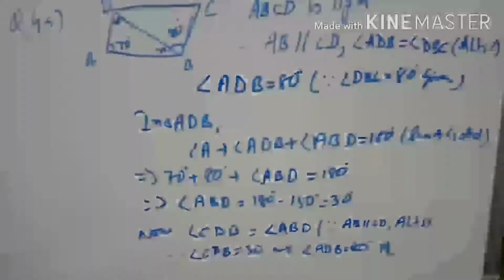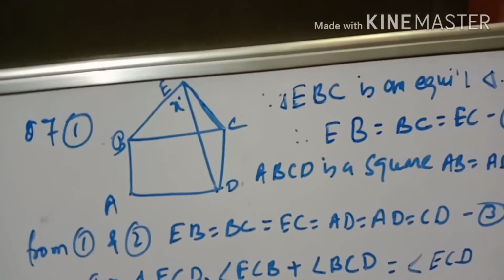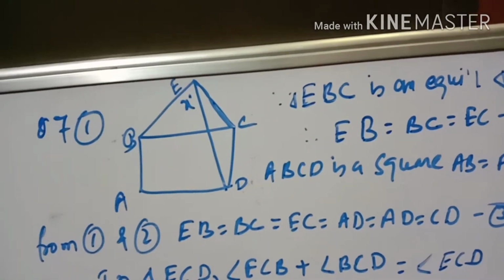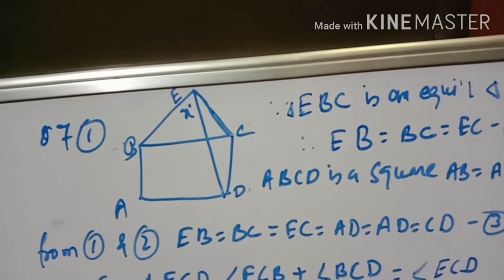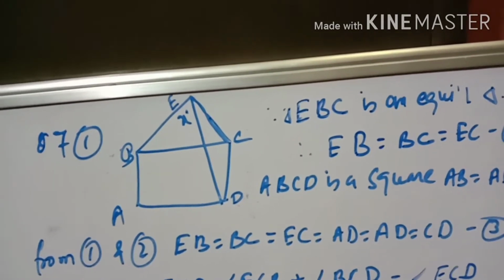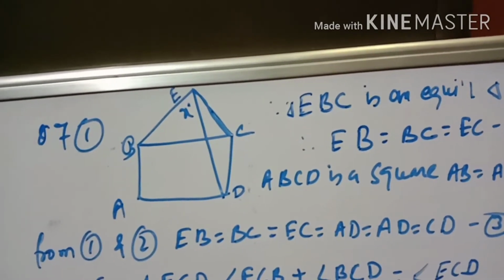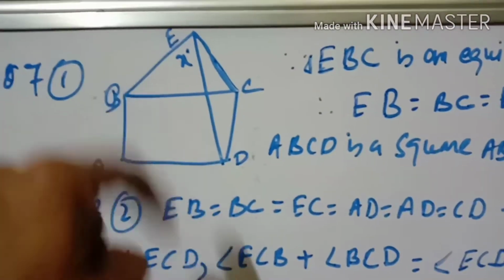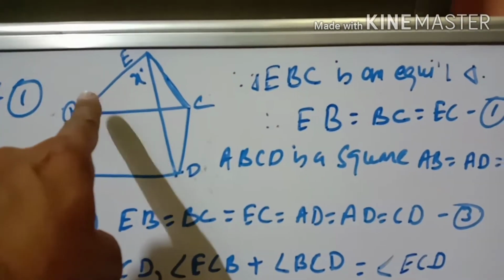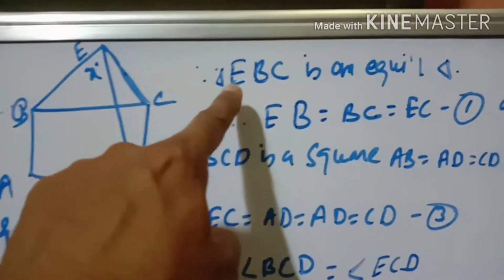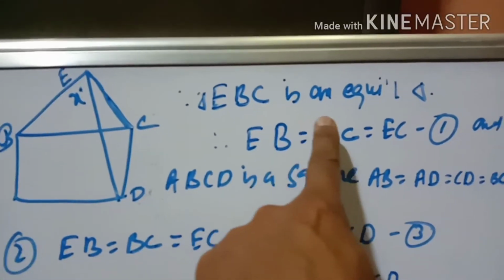Now see question number 7.1. It is given that according to the given figure, equilateral triangle EBC surmounts square ABCD. Find the angle BED represented by X. First of all, ABCD is a square, and EBC is an equilateral triangle.